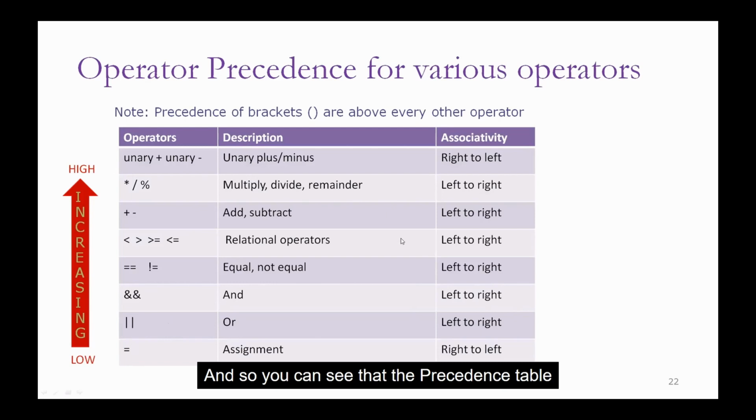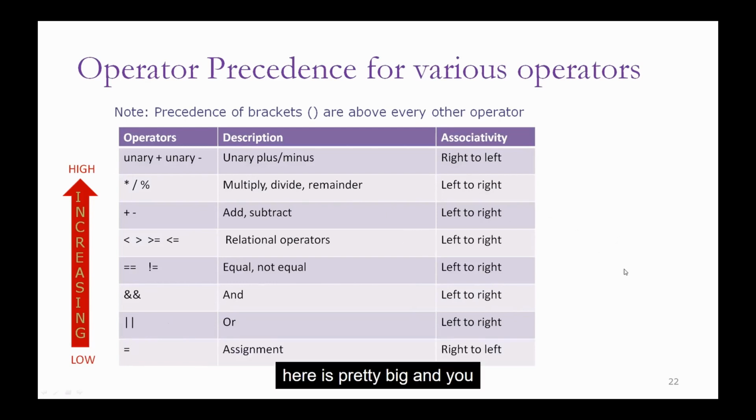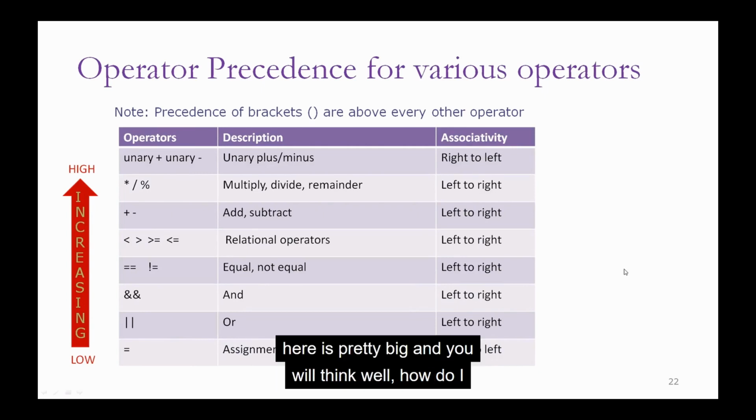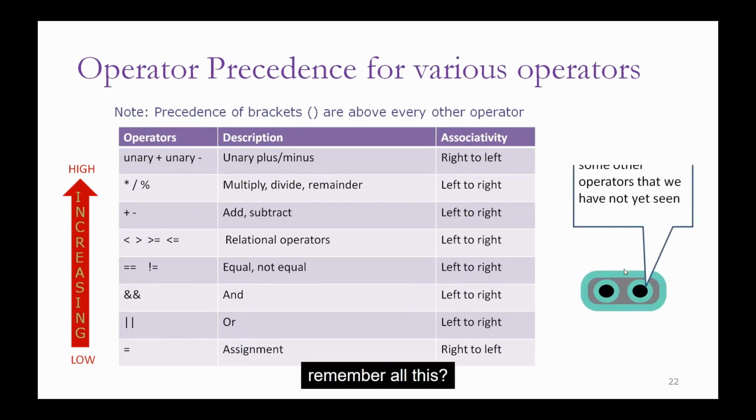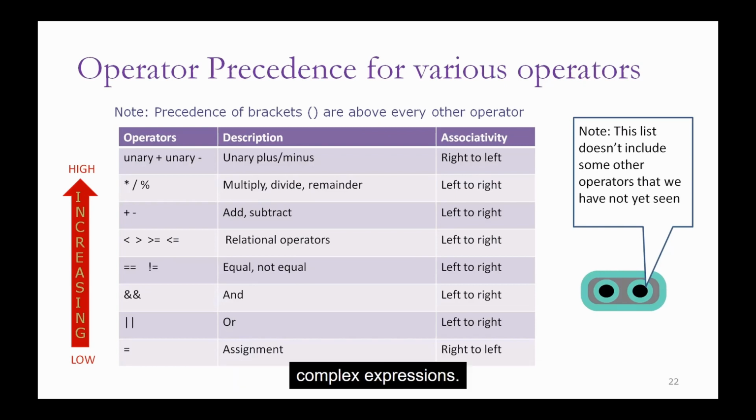The precedence table is pretty big, and you will think, how do I remember all this? This list doesn't include some other operators that we have not yet seen. How do you keep track of all of this? Well, the answer is you have to practice, and when you practice, this becomes second nature to you. So get on to Jupyter, and let's see if we can evaluate some complex expressions.